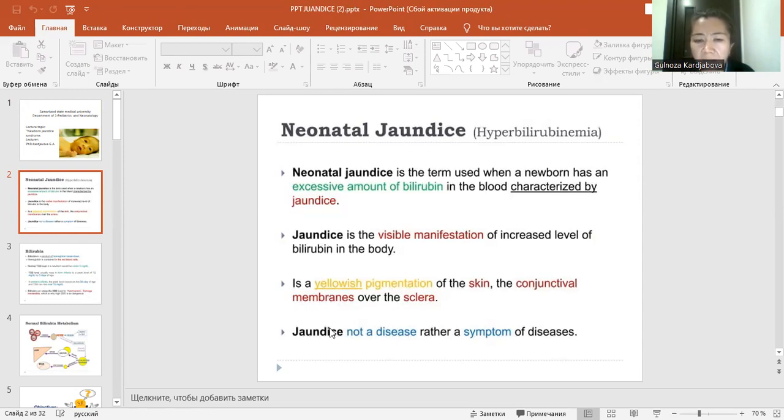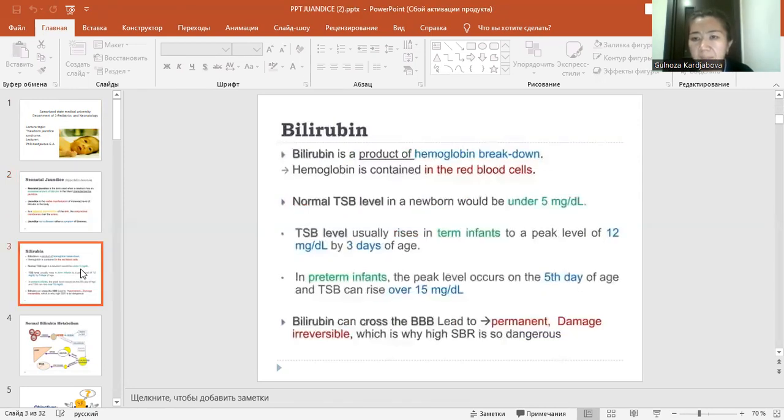Jaundice is not a disease. It's rather a symptom of some pathologic conditions. Bilirubin is a product of the hemoglobin breakdown. Normal TCB level in a newborn would be under 5 mg per deciliter.